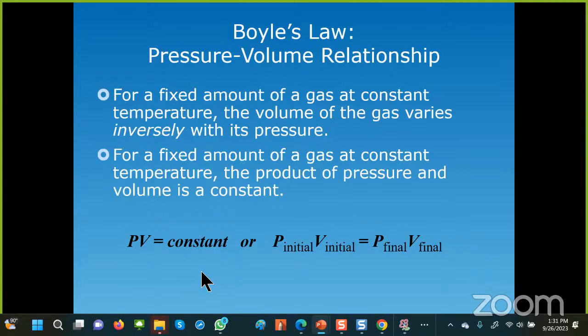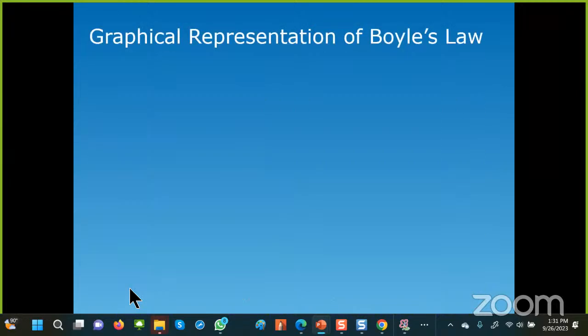Another way of expressing it, which is more useful when it comes to calculations, is this right here: the initial pressure times the initial volume of a gas is equal to the final pressure times the final volume.